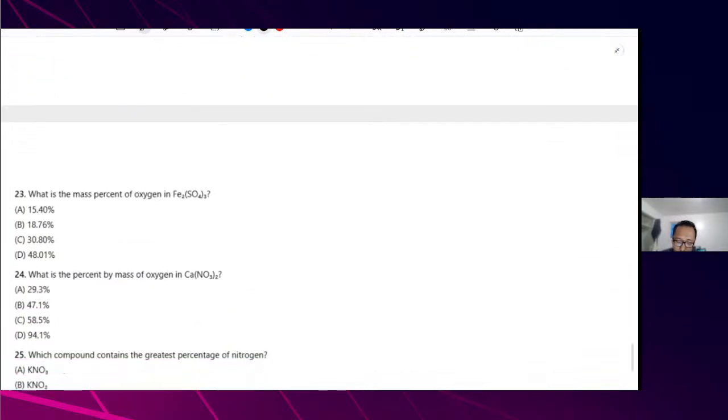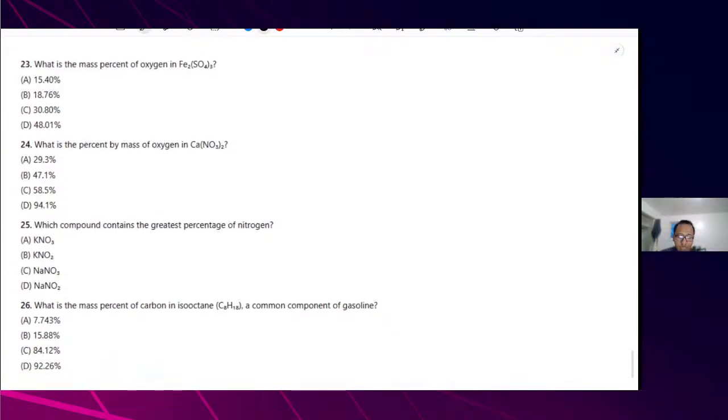Now we are moving to another part. We're going to move to number 23. So we are almost done with all of the questions. Just 2 slides left. All right, number 23. What is the percentage of oxygen in this compound?